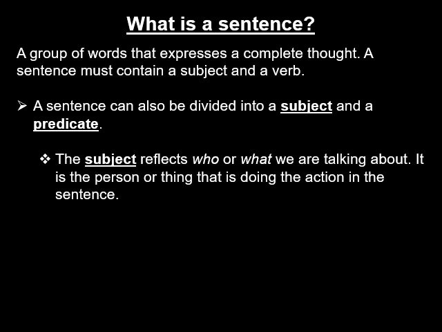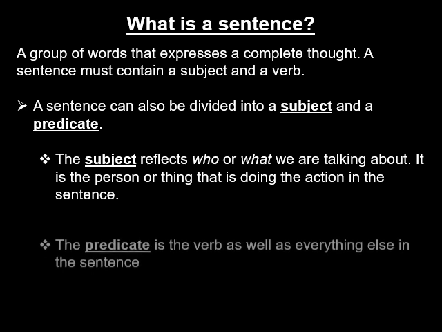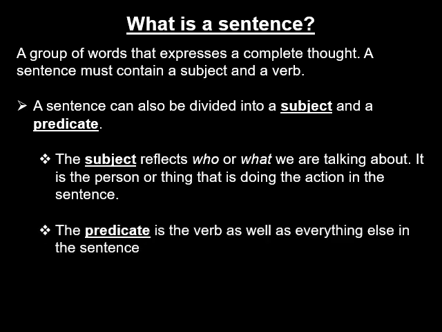So the subject reflects who or what we are talking about. It is the person or thing that is doing the action in the sentence. The predicate, as I've said, is the verb as well as everything else in the sentence. So there could be adverbs. They will form part of the predicate.